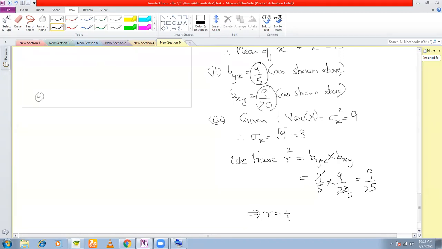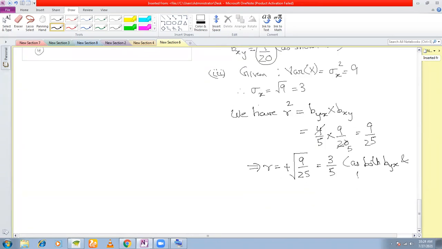Therefore, we take the positive sign. R is equal to positive square root of 9 by 25, which is equal to 3 by 5, as both byx and bxy are positive. So that is what this correlation coefficient is.